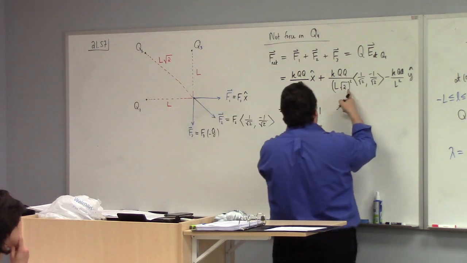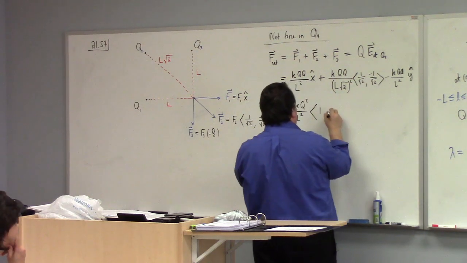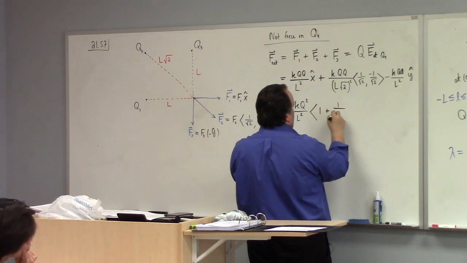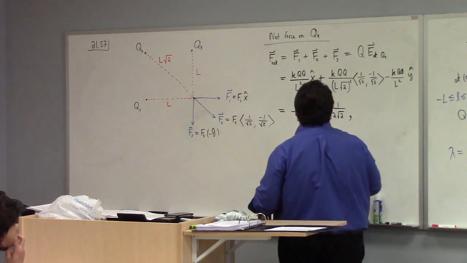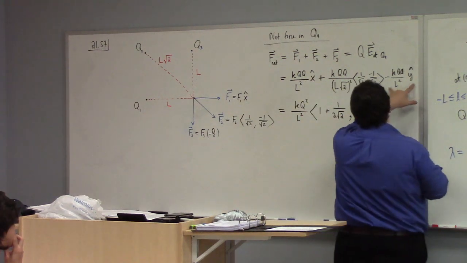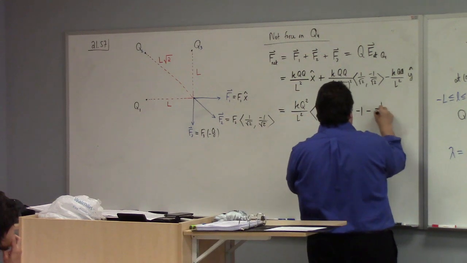And be careful here, this is 2L squared, so I really get plus 1 over 2 root 2. And then I get a minus 1 from that, and I get a minus 1 over 2 root 2.